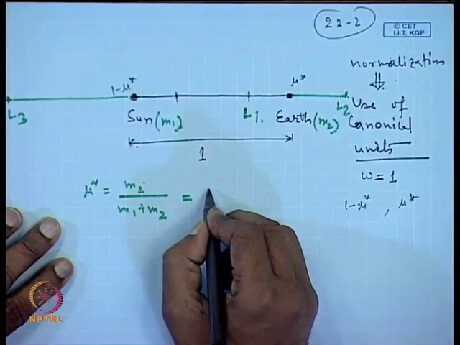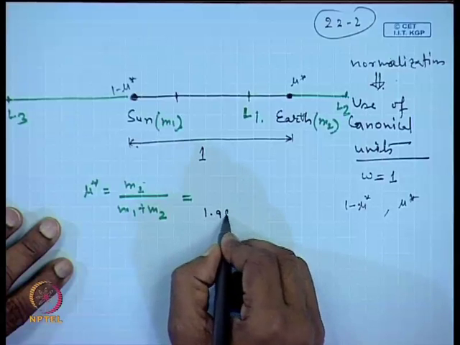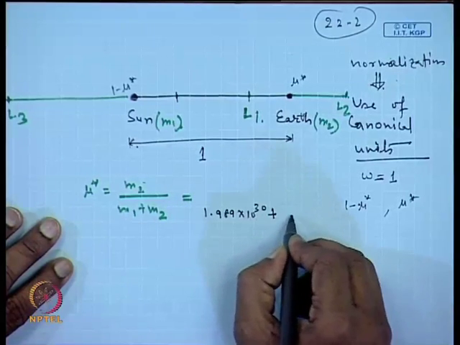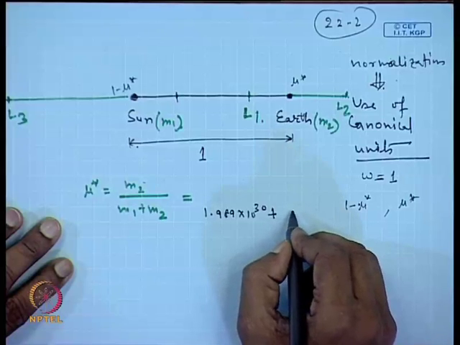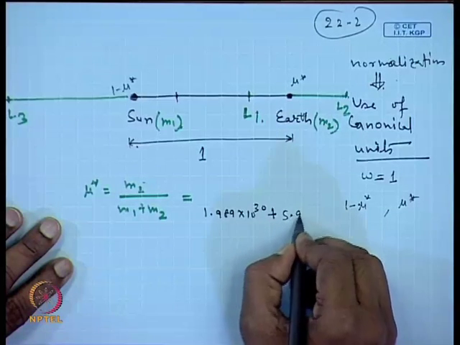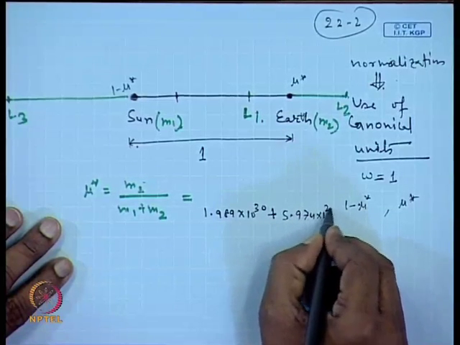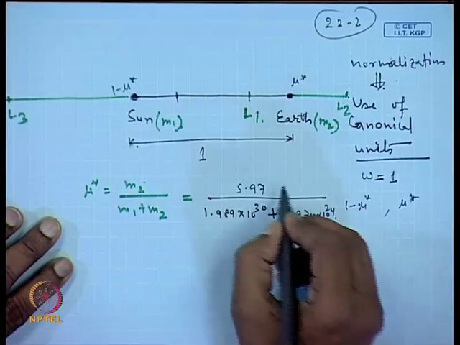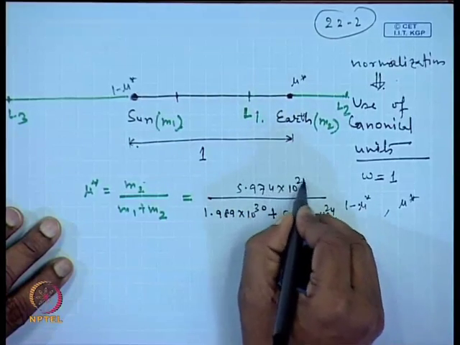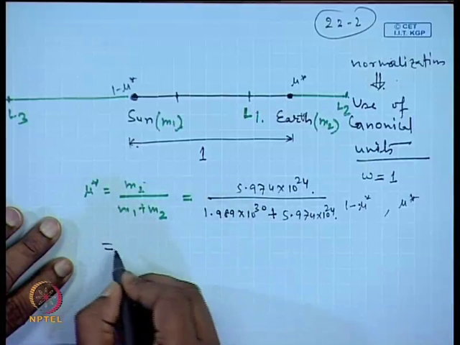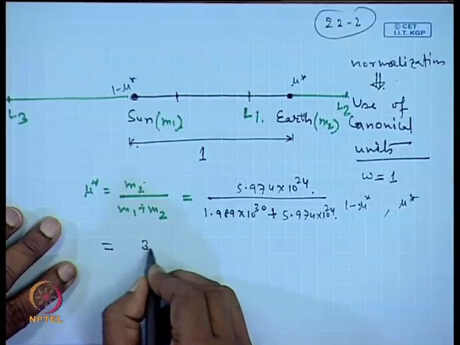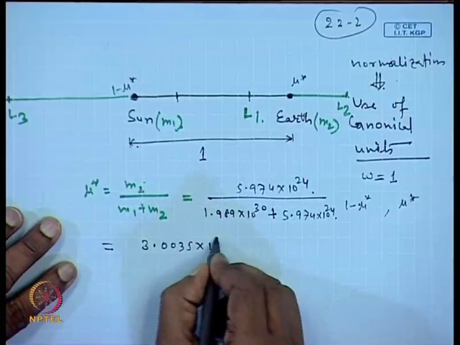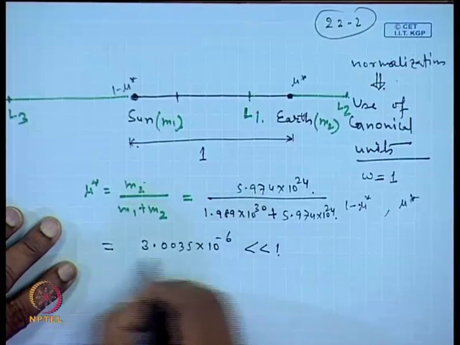The sun's mass is around 1.989 into 10 to the power 30 kgs, and the earth's mass is around 5.974 into 10 to the power 24 kgs. So, this gives you a value of 3.0035 into 10 to the power minus 6, and this is much smaller than 1.